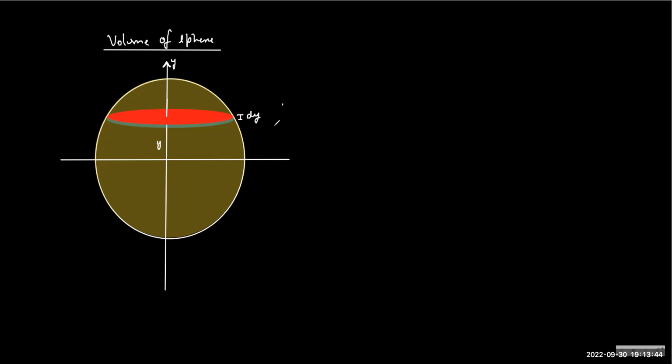Don't worry if you don't see it, it is very thin. Now y is the only variable which I can take, and the radius of the sphere is capital R. So can you tell me the volume of this thin slice in terms of y, dy and R? Of course, you can choose R. Tell me the answer, everyone. How are we going to write this volume of the thin slice?